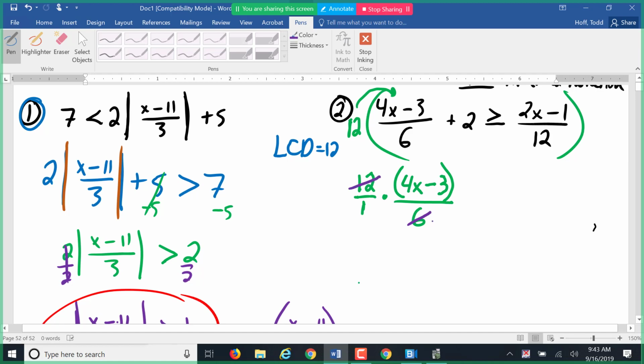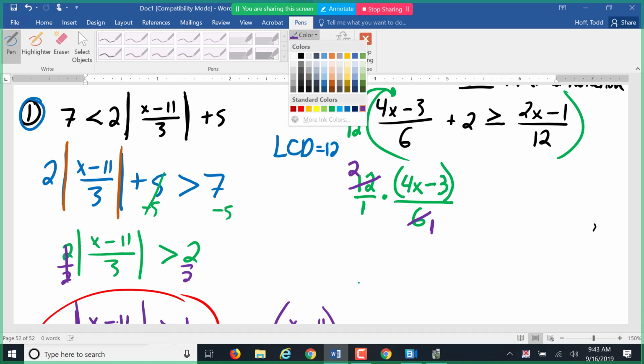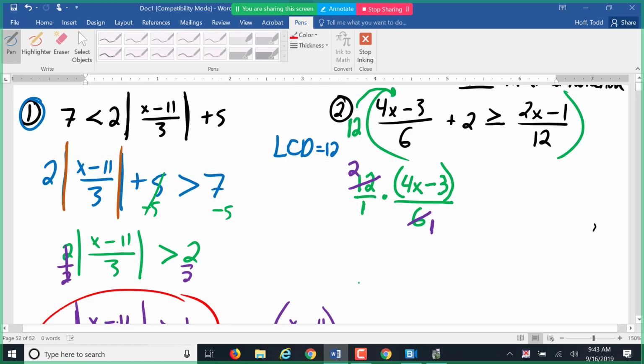Both divide by 6 to give me 1 and 2. So now I've got 2 times 4x is 8x, and 2 times negative 3 is negative 6. Now the next part of my distribution is 12 times 2. That's just a positive 24.